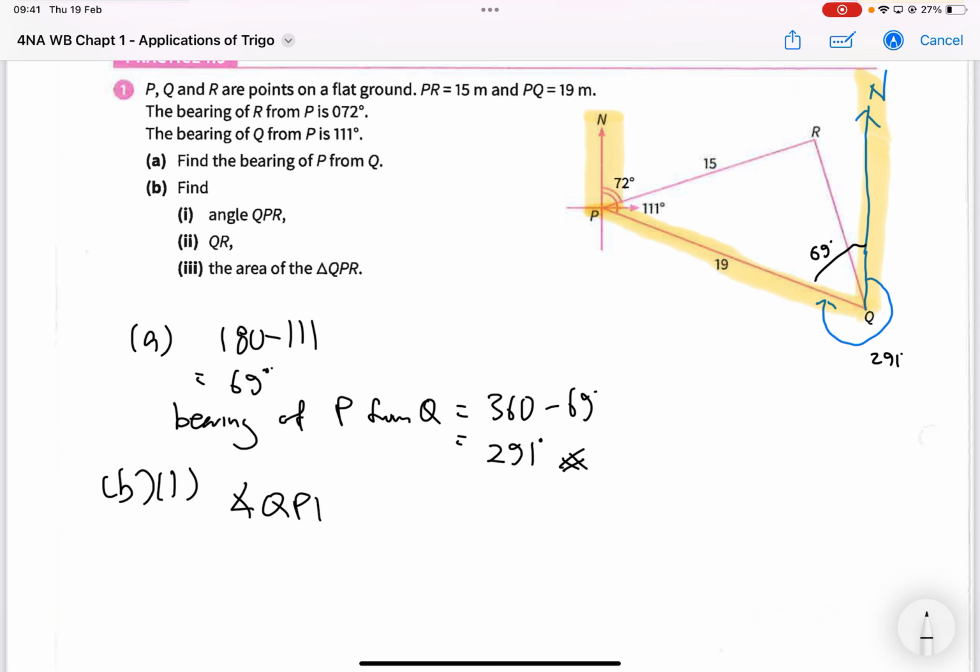Angle QPR is this angle. This angle is the difference between 111 and 72. QR, the side.